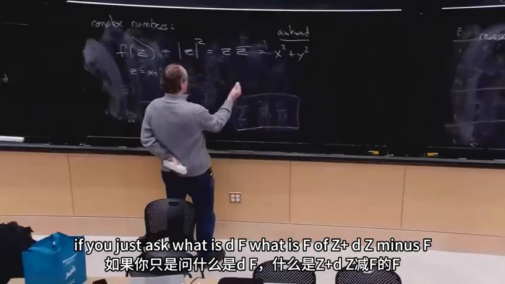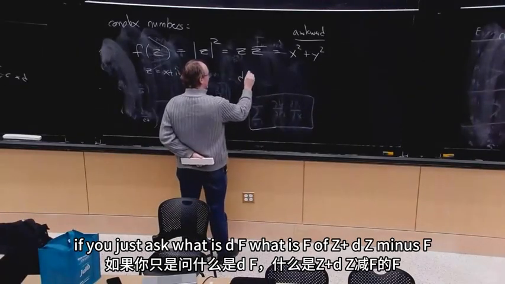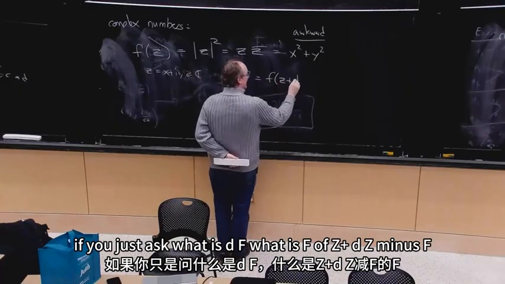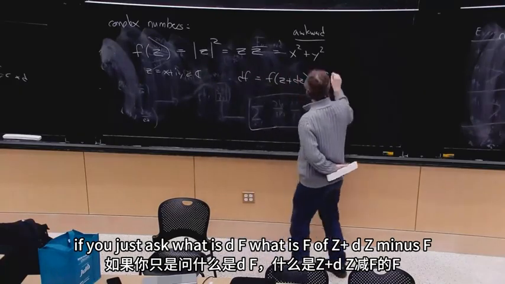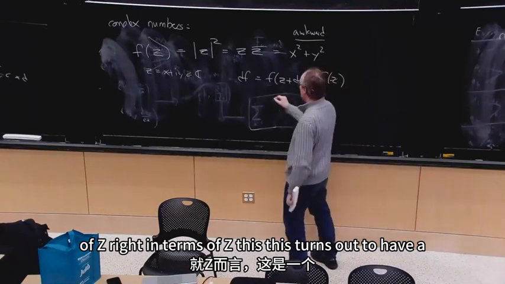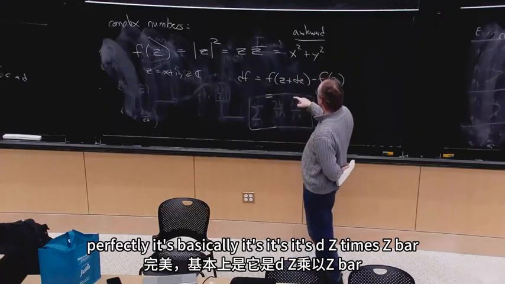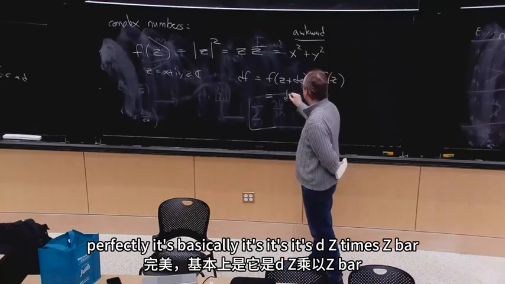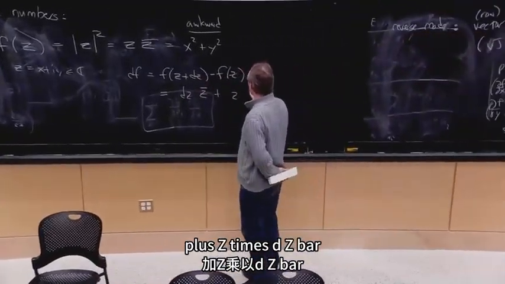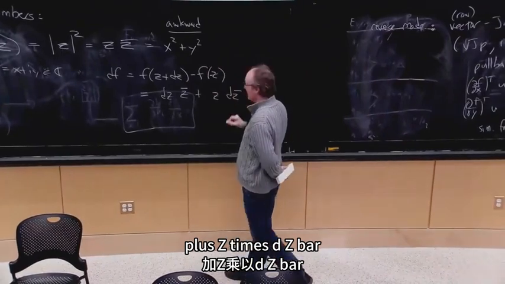So if you just ask, what is df? What is f of z plus dz minus f of z, in terms of z? This turns out to be dz times z bar plus z times dz bar.